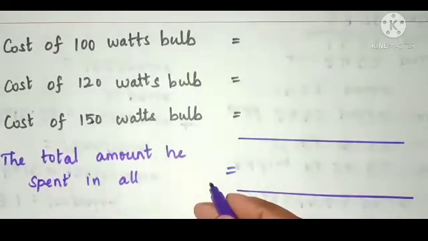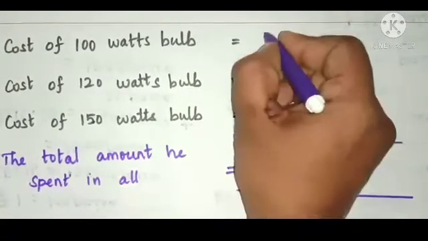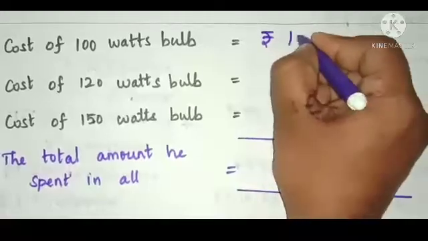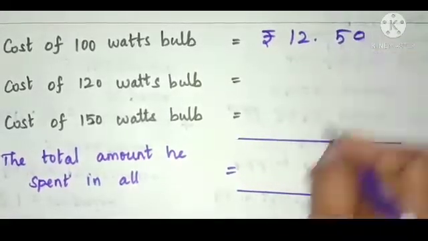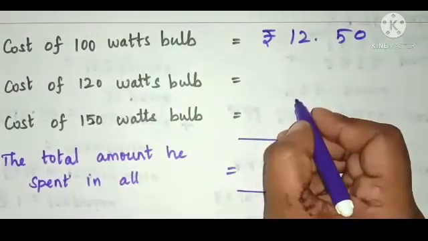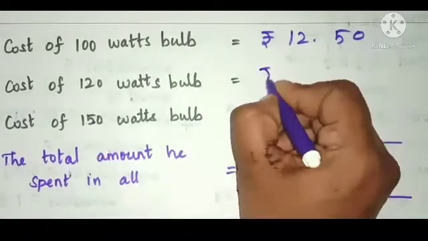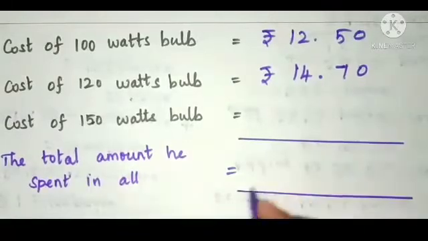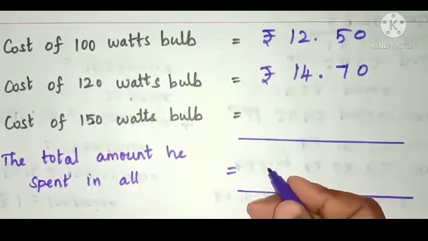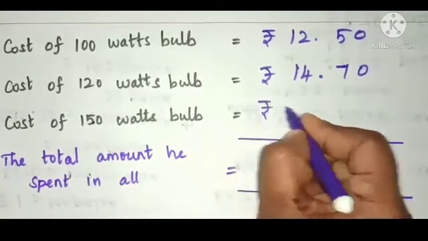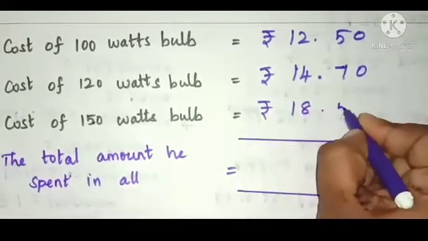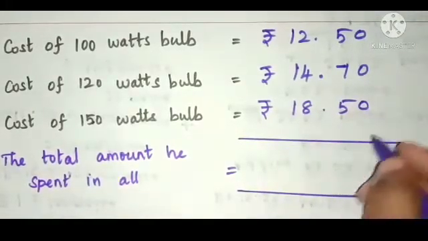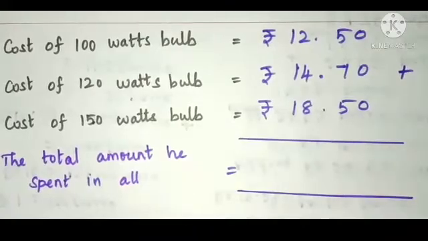The cost of the 100 watt bulb is 12 rupees 50 paise, the cost of the 120 watt bulb is 14 rupees 70 paise, and the cost of the 150 watt bulb is 18 rupees 50 paise.